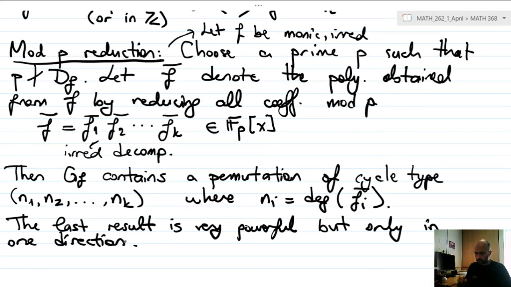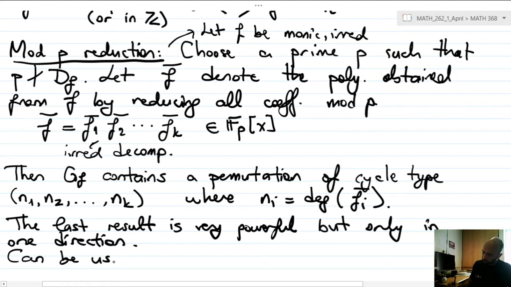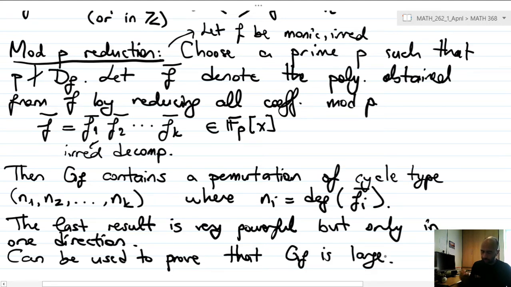So either the whole symmetric group or the whole alternating group or something like that. If for some reason your polynomial doesn't have a large Galois group, you will not be able to prove anything in this way. You might guess the Galois group, but you still need some other method to prove that it is small.